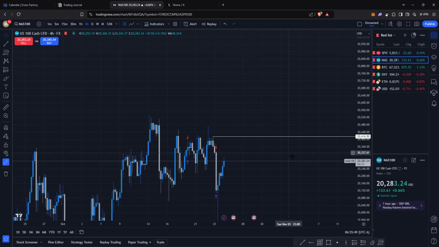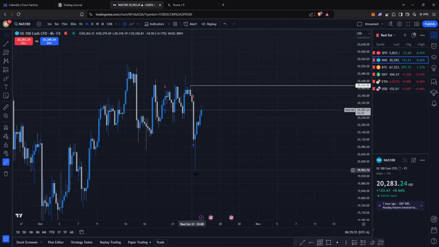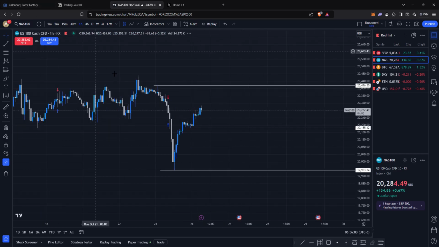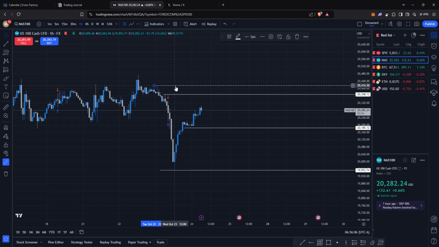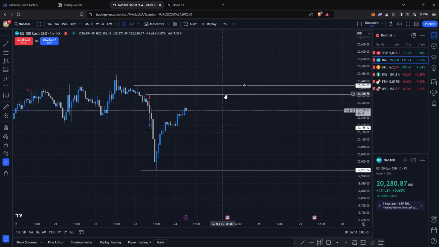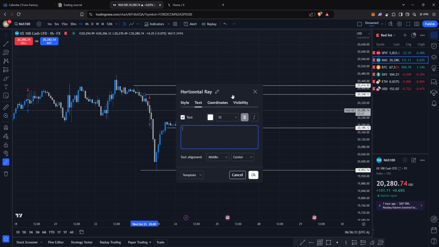Market's out with a white line. 4-hour draw on liquidity here. 4-hour draw on liquidity here. Hourly draw here, let's just mark these. 4-hour. 1 hour. 1 hour.